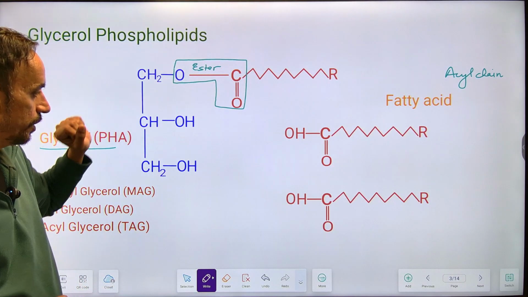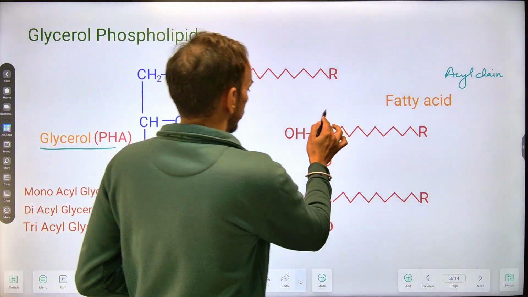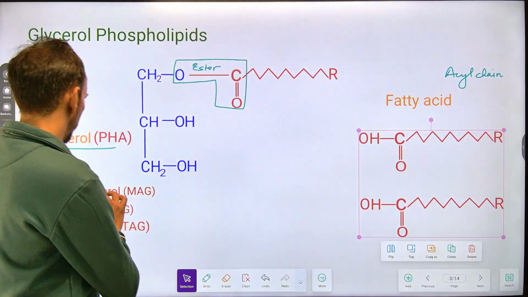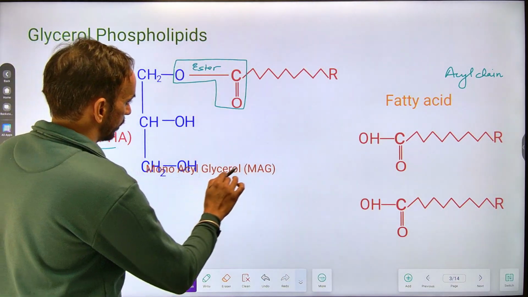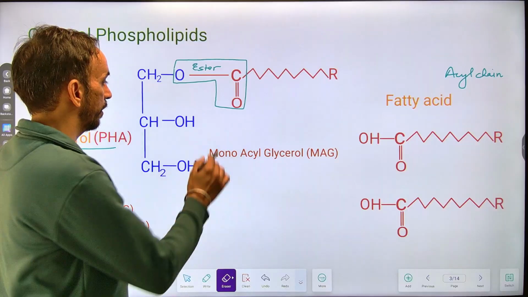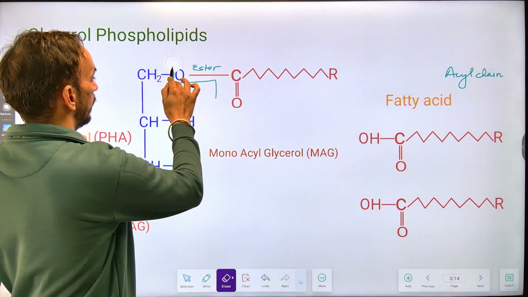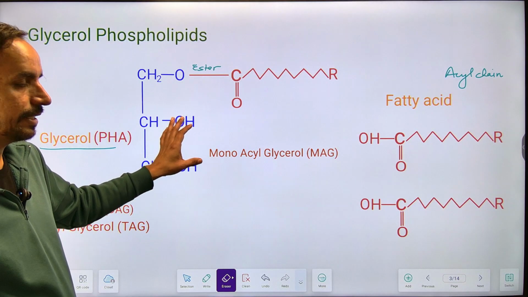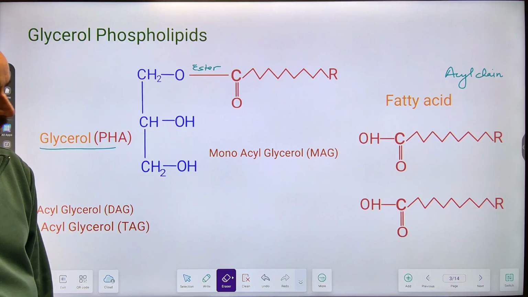Now this structure which is formed over here is called monoacyl glycerol, because there is an addition of a single acyl chain through an ester bond. That's why it is called monoacyl glycerol.